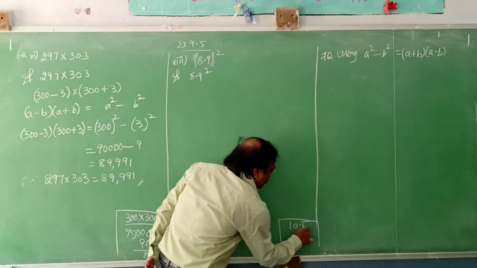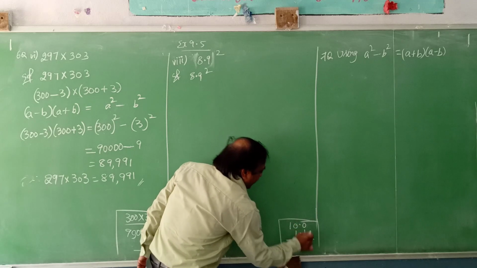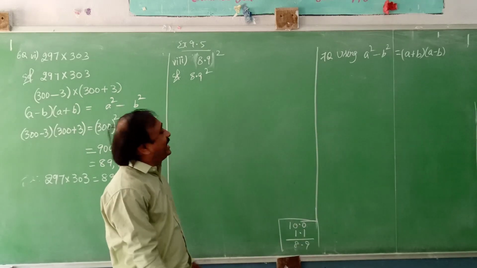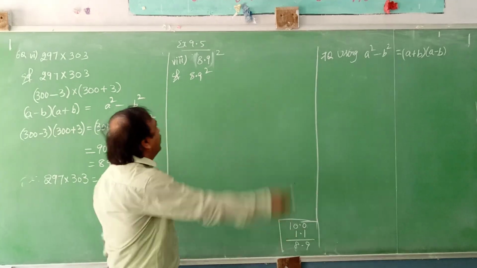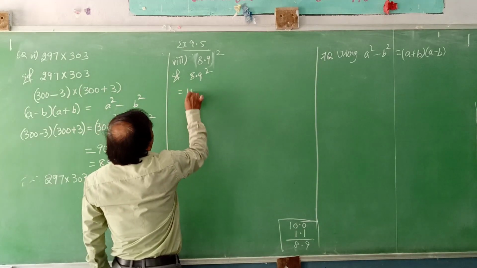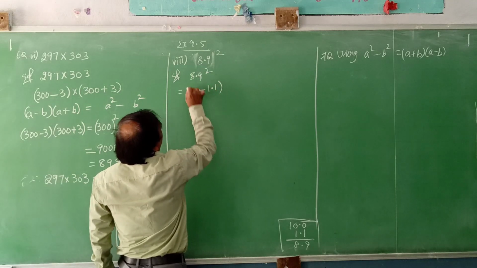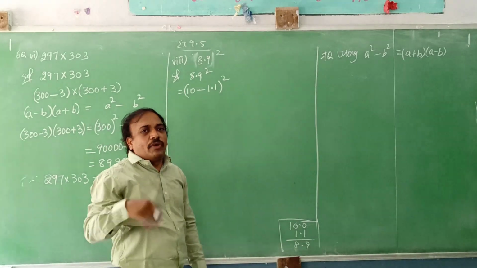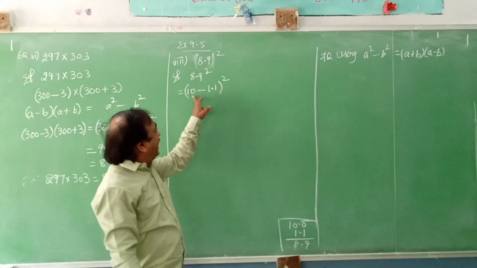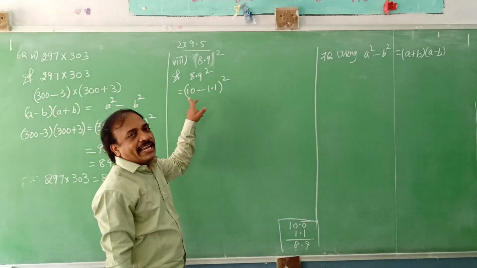If I subtract 10 minus 1, 9, 9 minus 1, 8. So we can write 8.9 whole square as (10 minus 1.1) whole square. See, 10 minus 1.1 is 8.9.